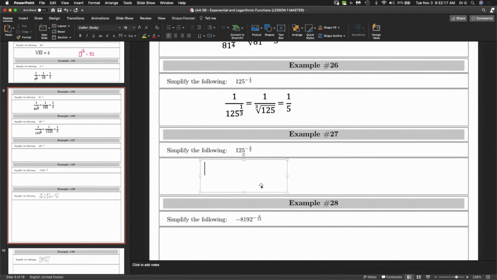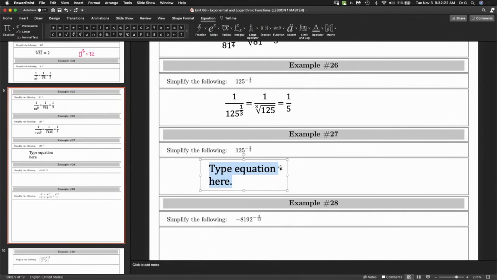I want to mention here that this exponent has 3 important features. It has the negative. Why is it 5? Because the cube root of 125 is 5, because 5 times 5 times 5 is 125.